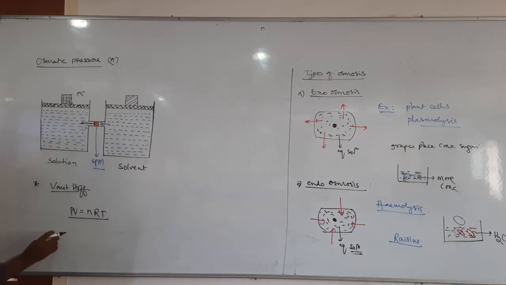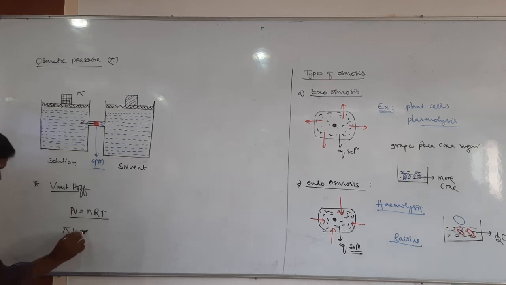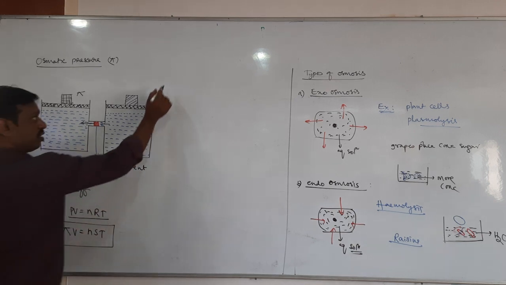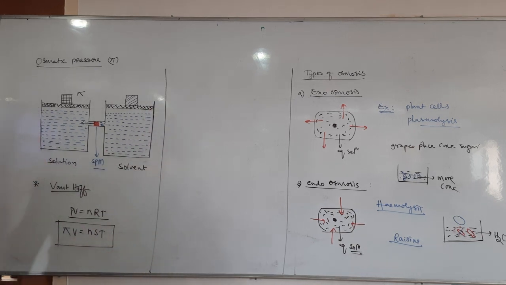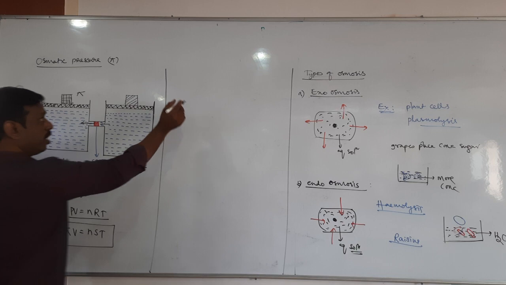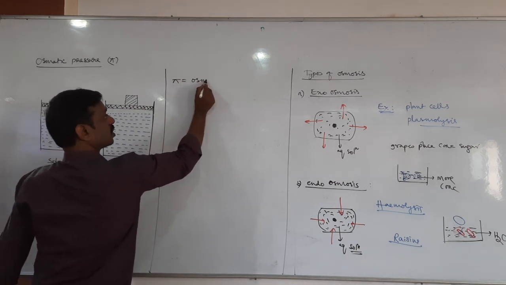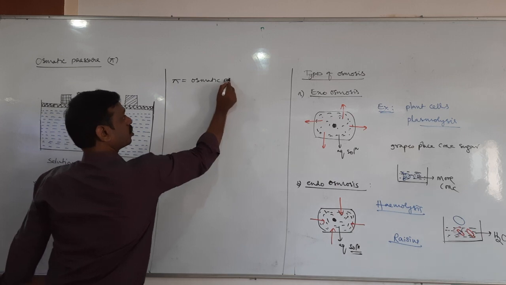Then by changing the format, instead of P we use pi: pi V equals nR, and in place of R we write S and T. Therefore, pi V equals nST. So this equation can be used for the dilute solution, where pi equals what? Osmotic pressure.